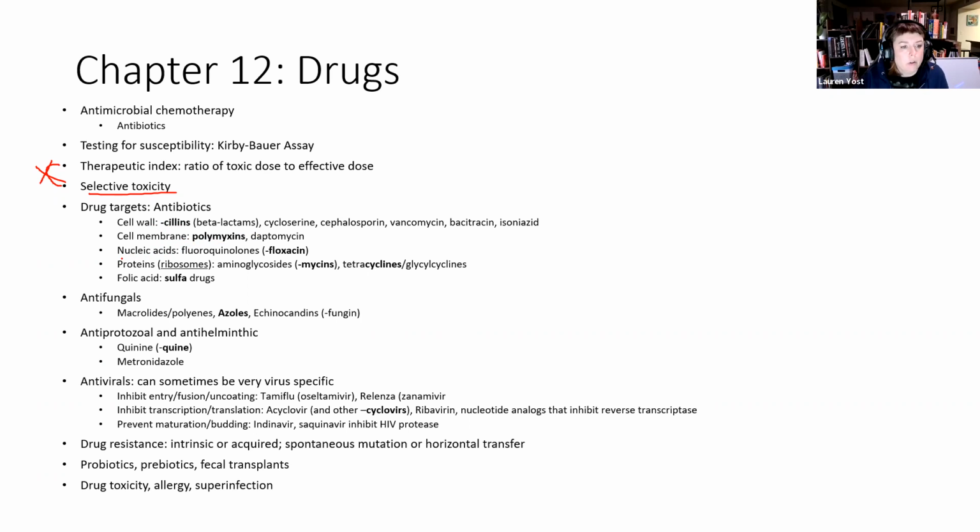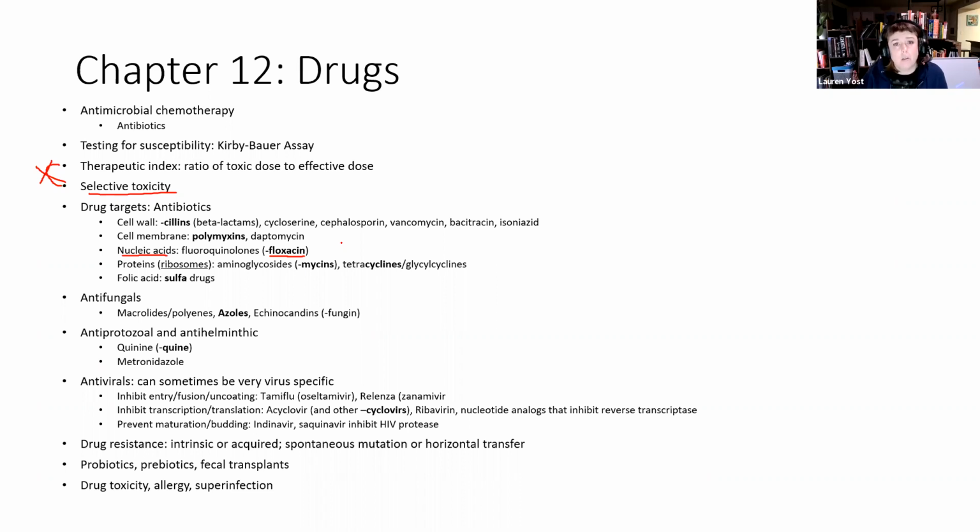There you go. Nucleic acids, things that target nucleic acids, fluoroquinolones. These usually end in floxacin, like ciprofloxacin, cipro. These often, not always, but often are nucleic acid analogs. So they look similar to the A, T, C, or G and replace them.